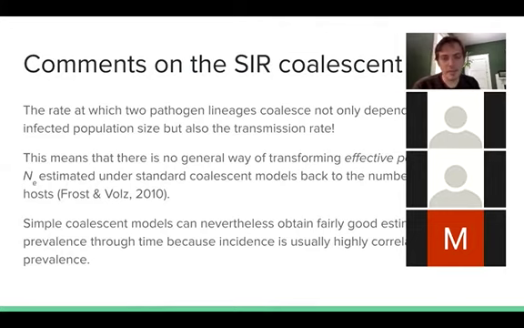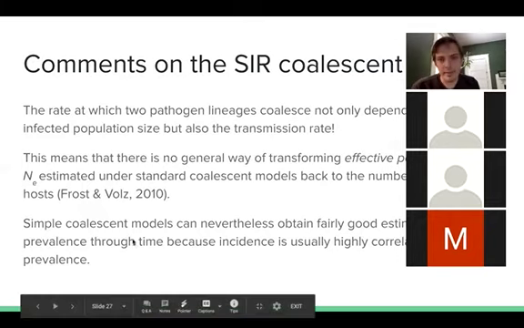This means, unfortunately, that there's no simple way of going back and forth between an effective population size that we would estimate under, say, a Wright-Fisher coalescent model and the number of infected individuals under an SIR type model, as was pointed out in a paper by Simon Frost and Eric Volz from about 10 years ago.